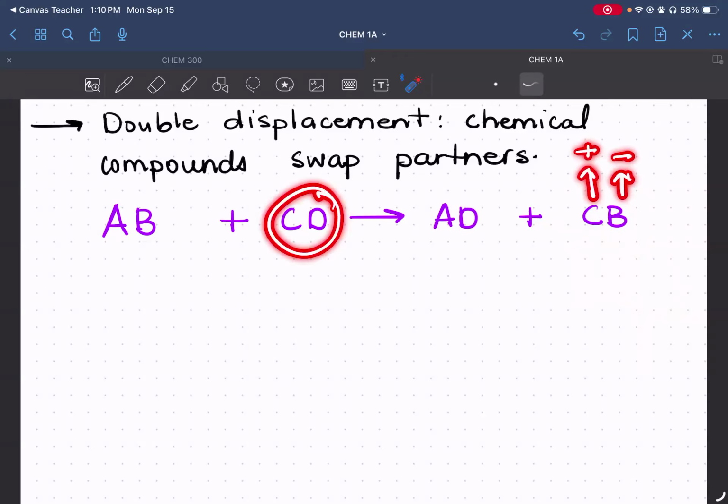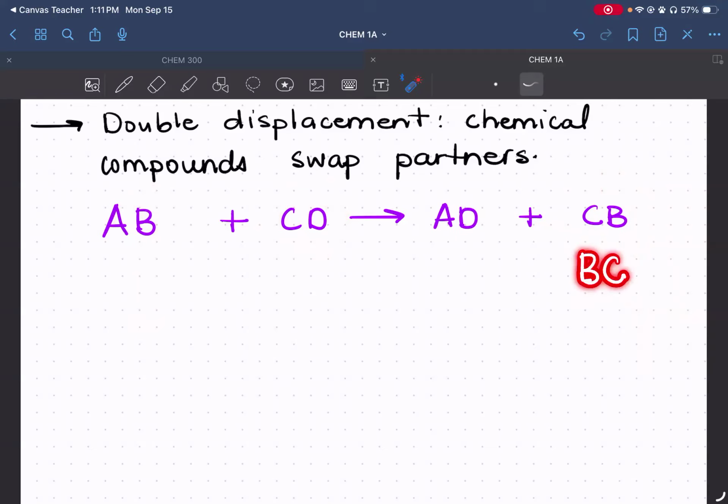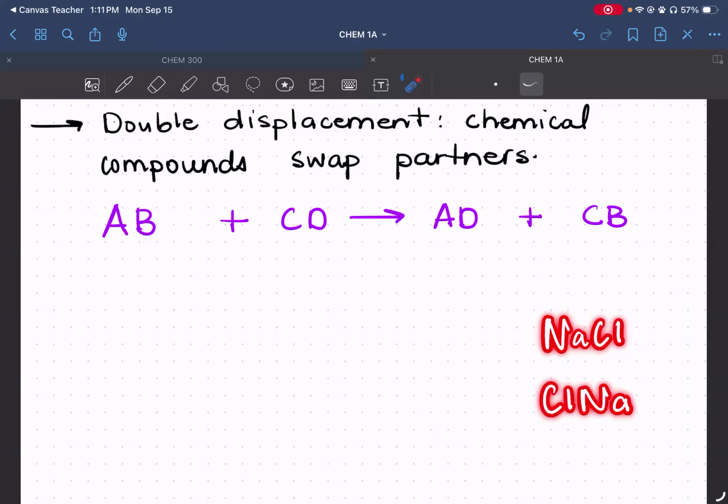We know from this side over here that the C was always positive and that the B was always negative. So we write the cation first. So if you happen to write BC on an exam, you won't get it wrong. I'm just going to write a frowny face beside it. It's not wrong. It'll just look really weird. I mean, instead of writing sodium chloride, imagine if you wrote chlorine sodium. It just looks weird.